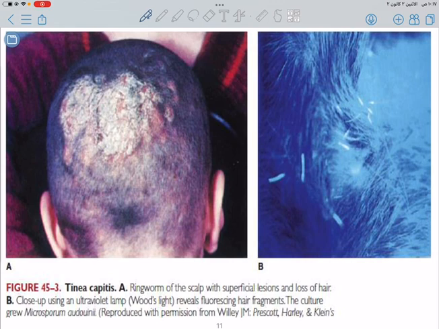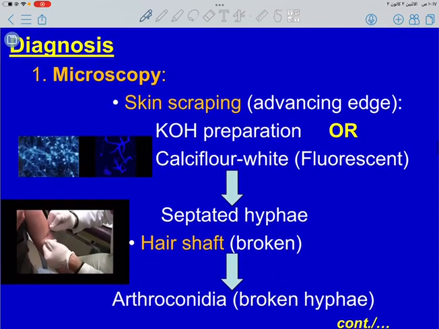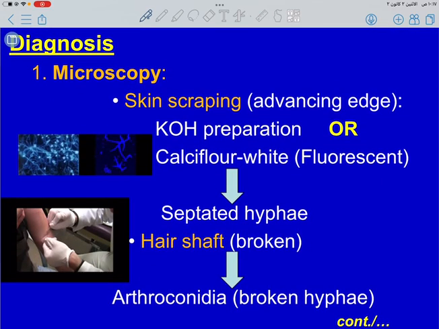How do we diagnose? First of all, the principle of diagnosis is called skin scraping. What is skin scraping? You take a scalpel like that, يعني شفرة. ذكرنا أن lesion دي scale. فالشخص الفاحر كان سكراب scale يقشرها.